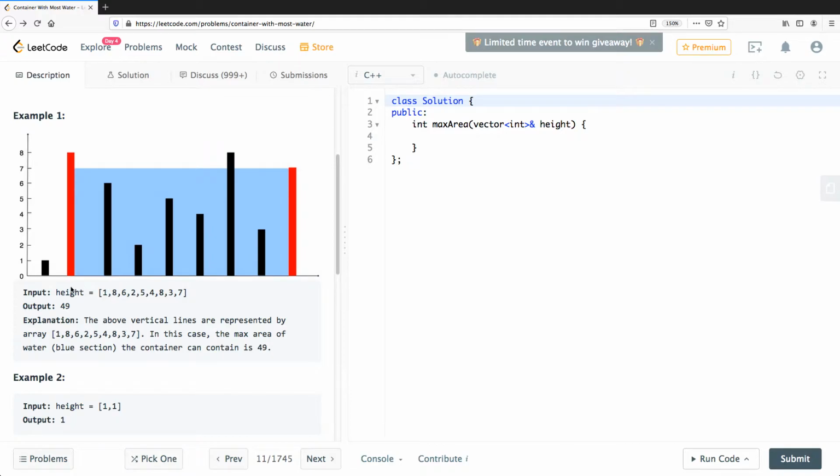I'm wondering what the distance between these is. If this is 0 and this is 1, and I'm assuming that this is 2, but they don't seem to be equally spaced, right?